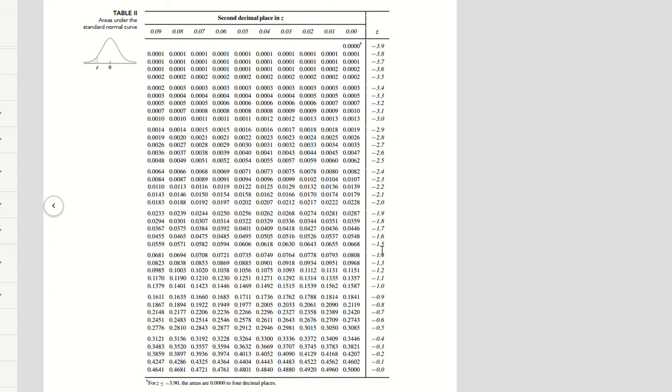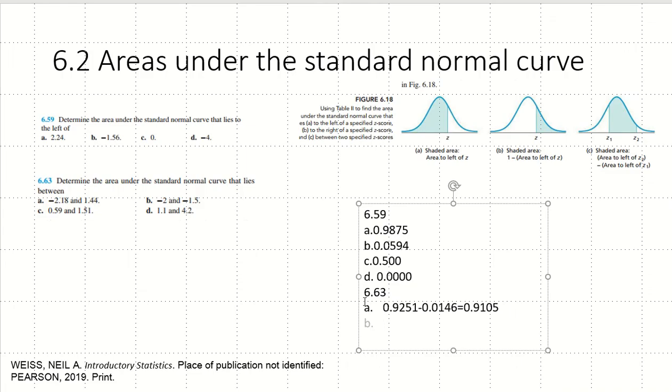Right here, negative 1.5. And so it just comes down to 0, because it's technically 1.50. So it'll be 0.0668, and then the next one is 2. So negative 2.0. You are right here, negative 2.0, and it's 0.0228. Okay, and so we'll write those two down, subtract them, and then that's the area.